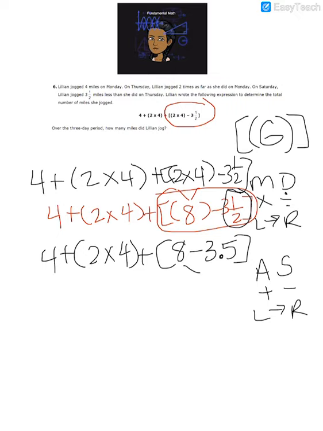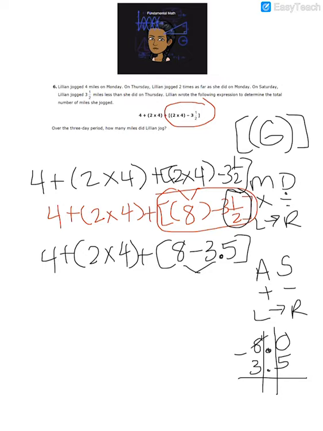Now I'm going to subtract 8 minus 3.5, and I'm going to work that out over to the side. It's important that we know that 8 is a whole number, so we put the decimal to the right of it. And then we have 3.5. I always tell my students, if you have decimals, draw your place value chart and align your decimals. 0 minus 5, I can't do that, so I have to regroup and borrow.